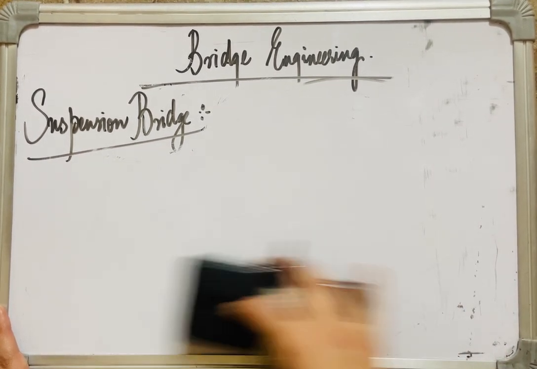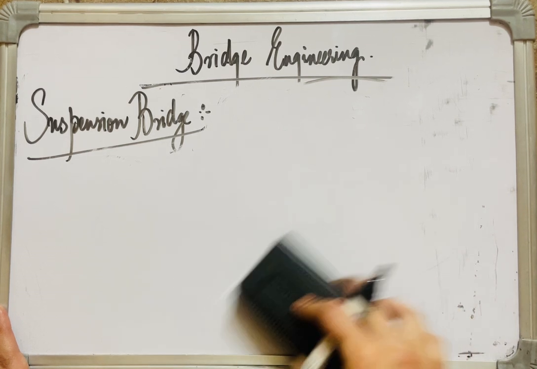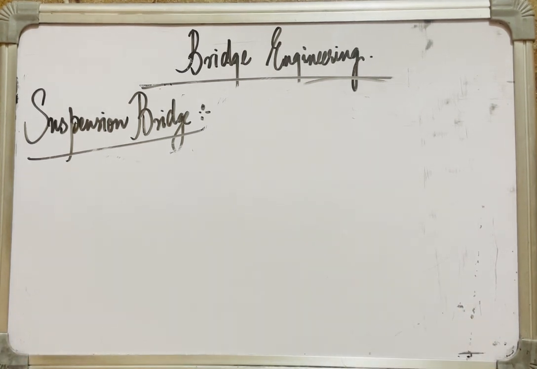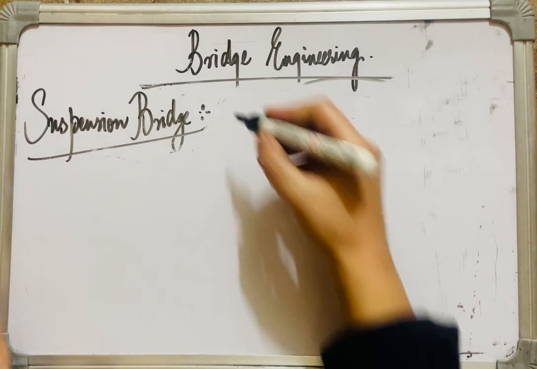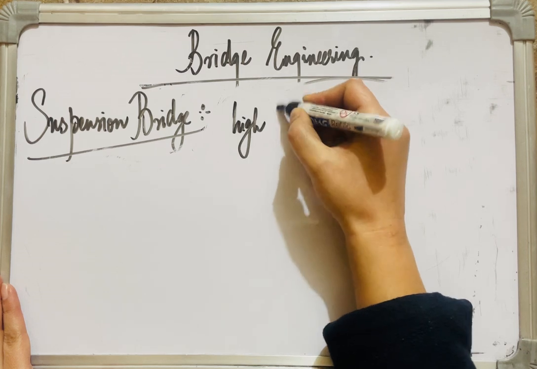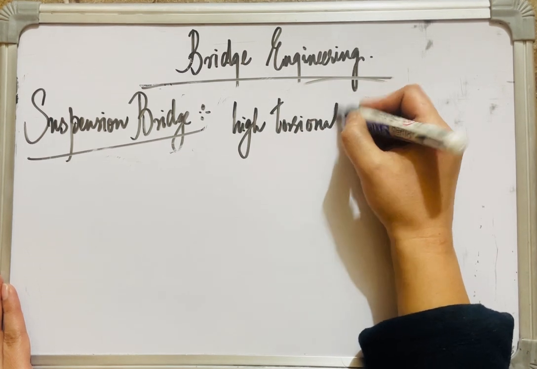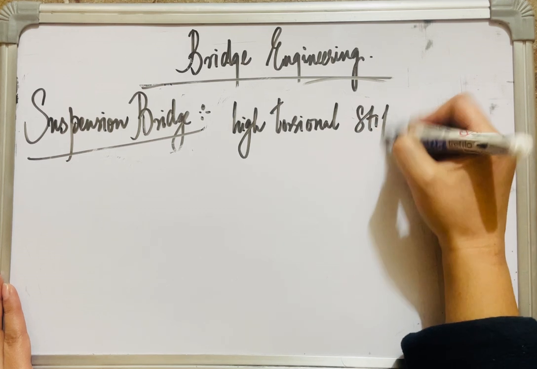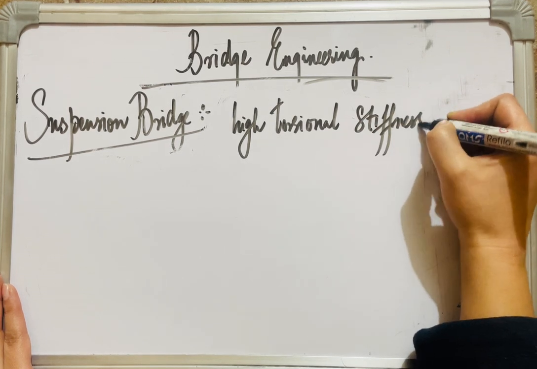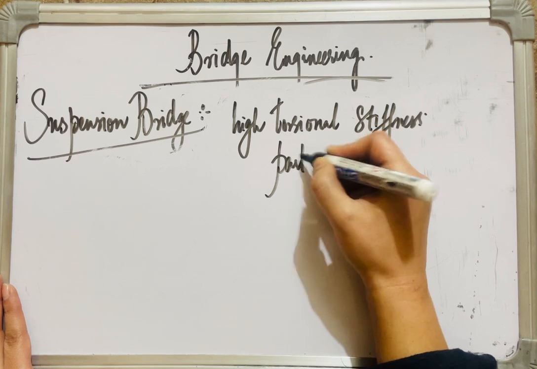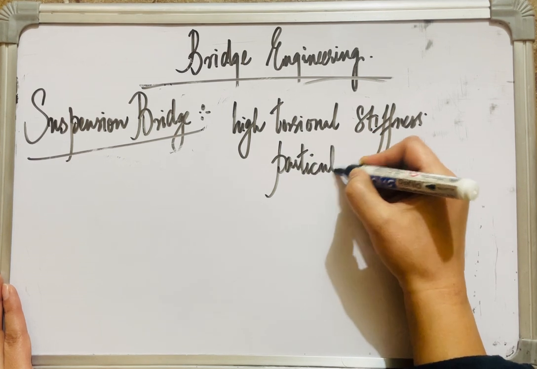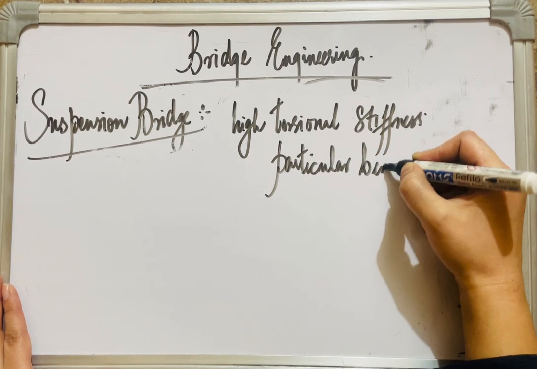So these steel box girders are used for long spans where the self weight of the bridge becomes a problem, and they have the excellent ability of high torsional stiffness, which can be of a particular benefit. And how it can be of a benefit in case of a suspension bridge, we'll come to know.